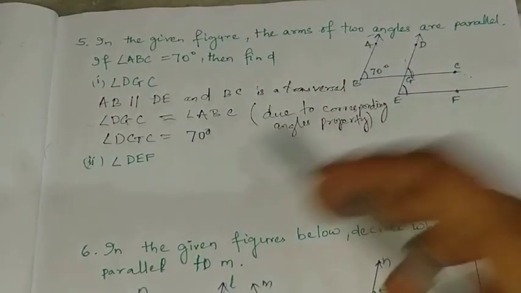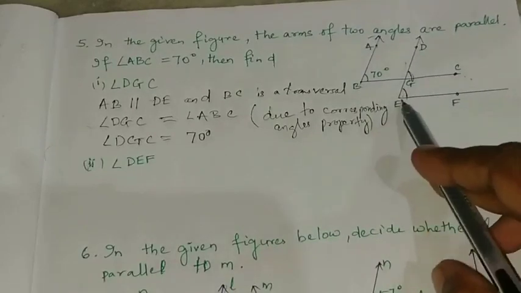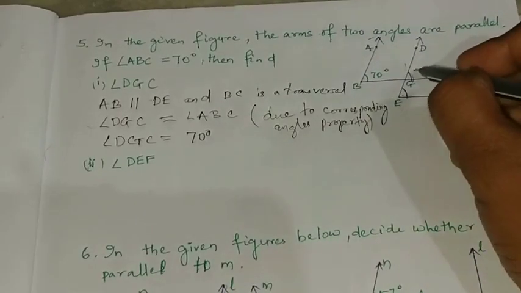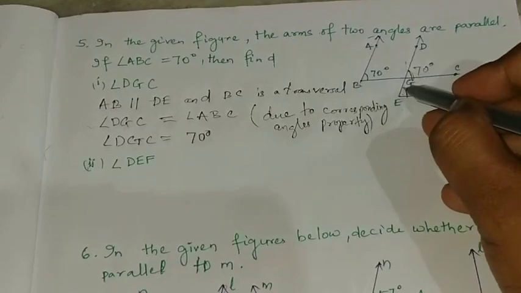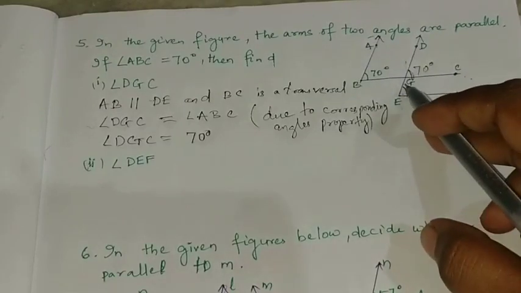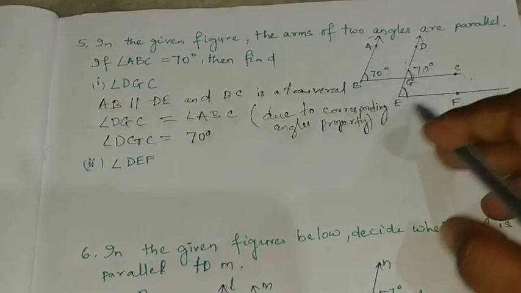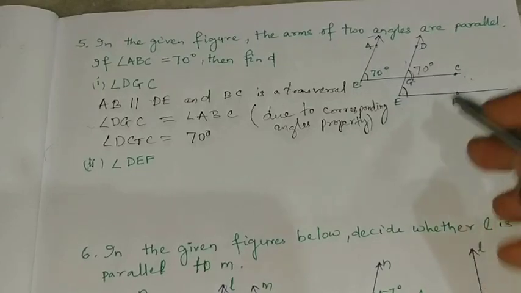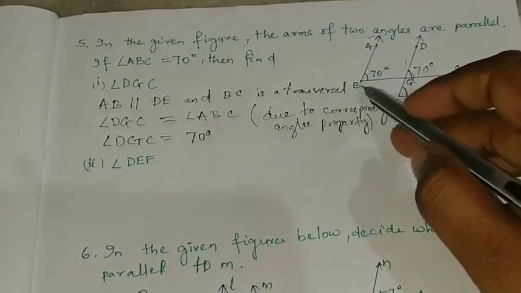Next we will see angle DEF. We have to find it out. Now we found this 70 degree, now we found this angle. So for angle DEF, first we will find the parallel lines.